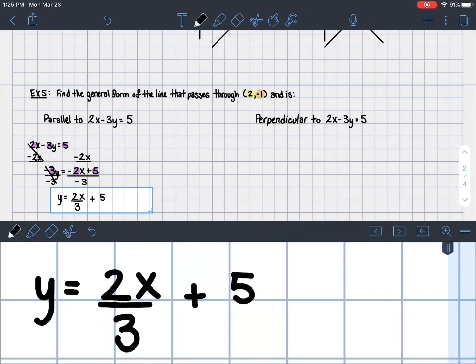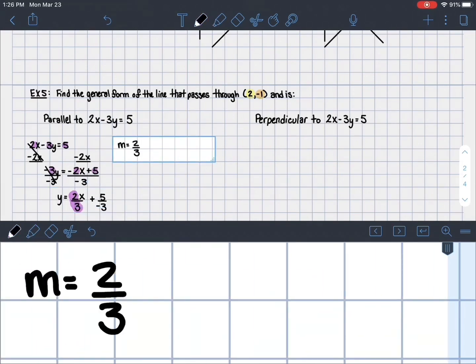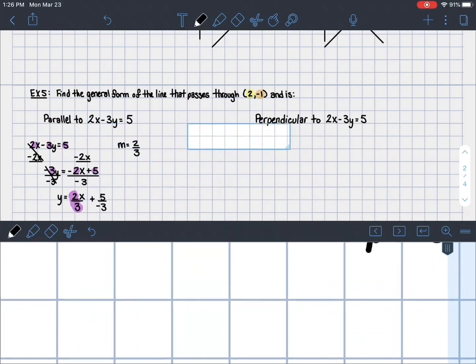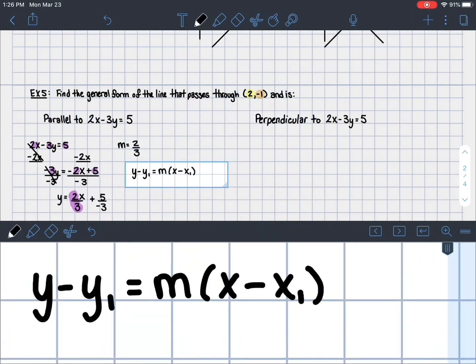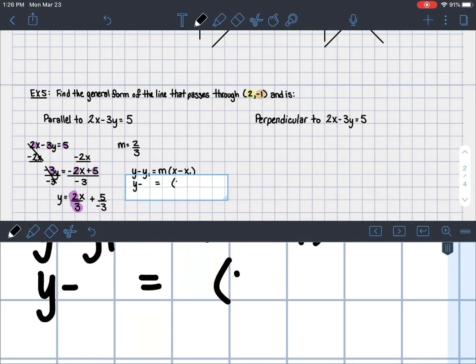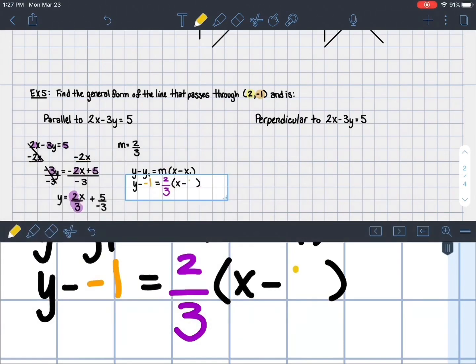Once we get this equation in y = mx + b format, we'll denote that our slope is 2/3. And so for a line parallel, we're going to need the slope and the given point. So we'll use point-slope form to fill in our quantities and find the equation of a parallel line.